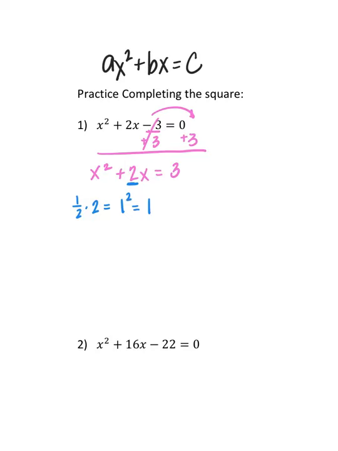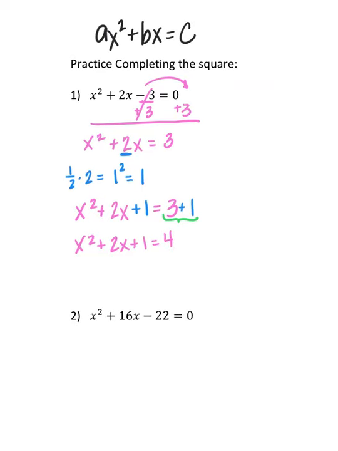Now I'm going to add it to both sides. So I have x squared plus 2x plus 1 equals 3 plus 1. Okay. I like to simplify this side. Rewrite it again. X squared plus 2x plus 1 equals 4.